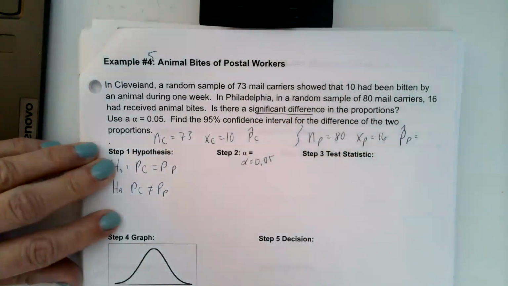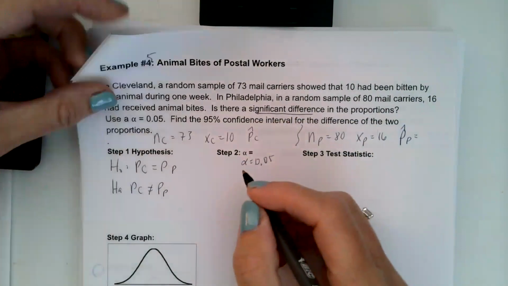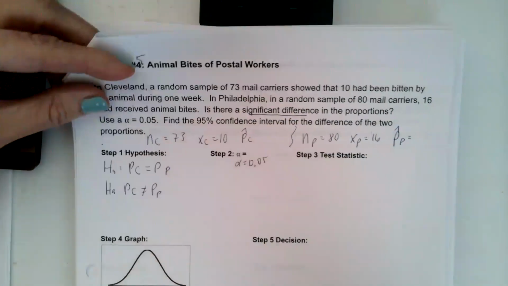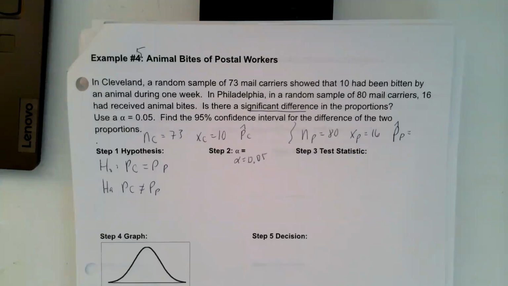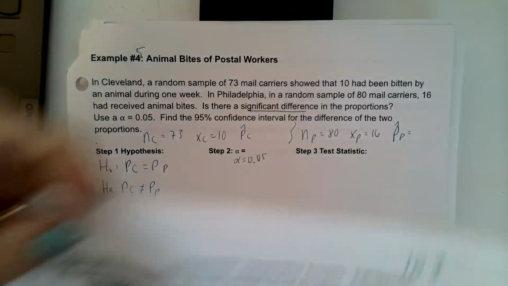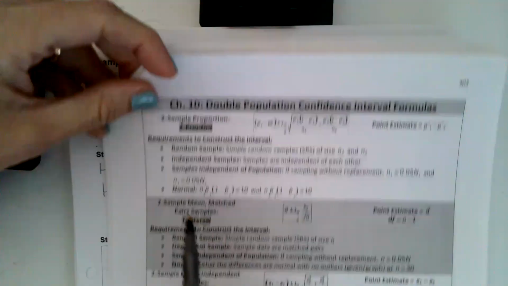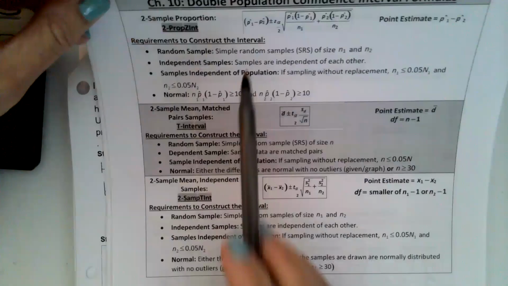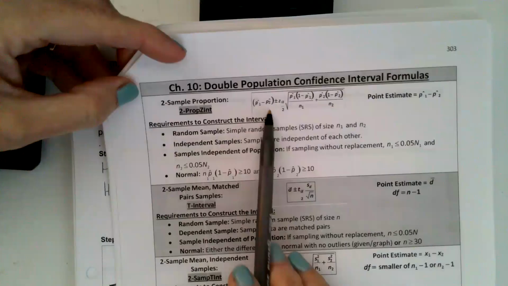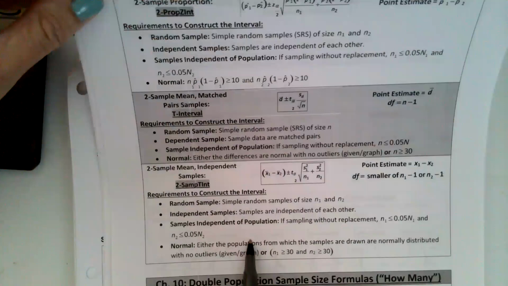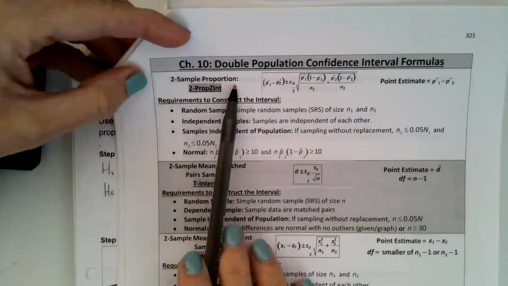95% confidence interval. So to find a confidence interval with 2 proportions, you're going to go to your formula packet, and on page 303 are the formulas for the confidence intervals for the 3 situations of 2 samples. We're talking about 2 sample proportion.